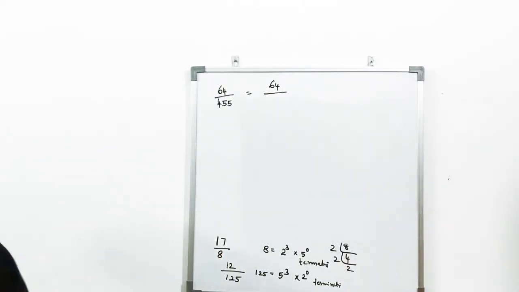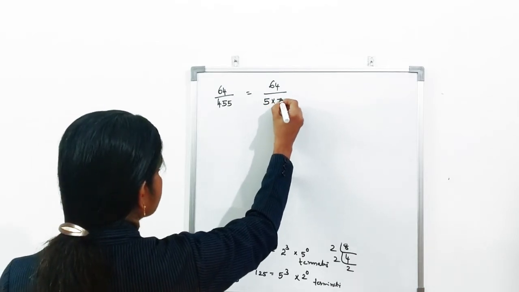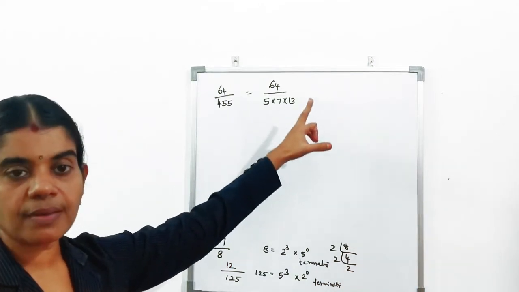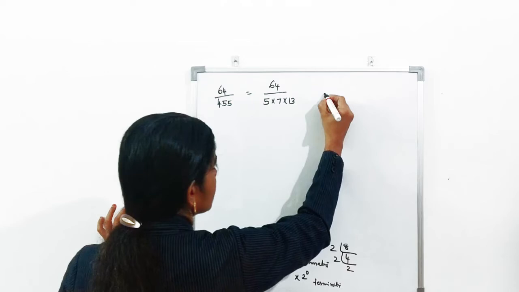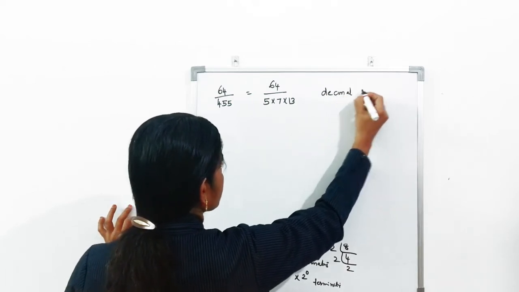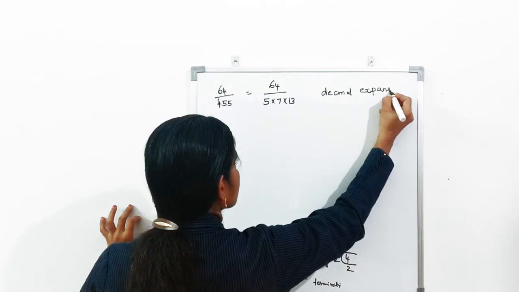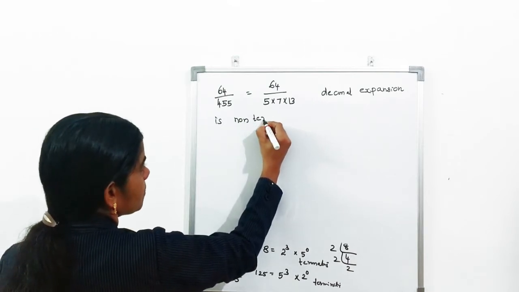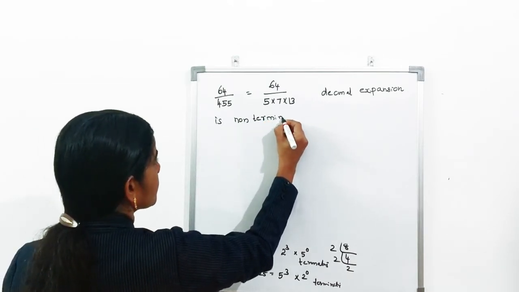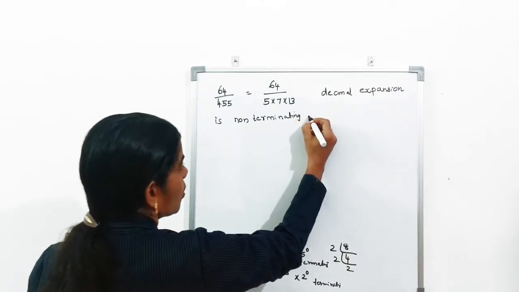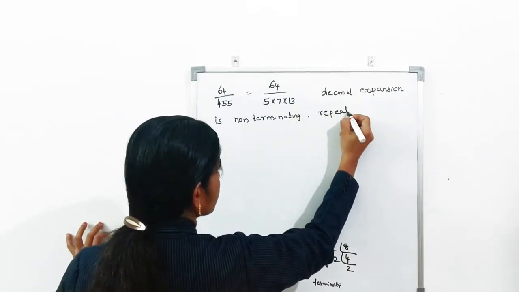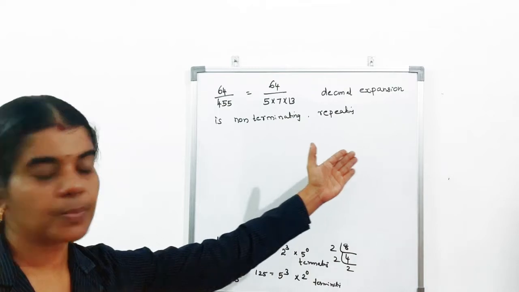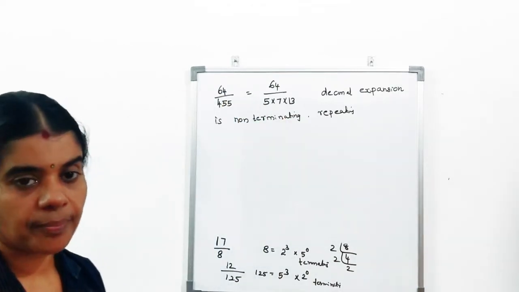That will be 5 into 7 into 13. This is not in the form of 2 raised to n and 5 raised to m. Therefore, the decimal expansion is non-terminating recurring, otherwise we can say repeating. Both are the same, repeating or recurring.